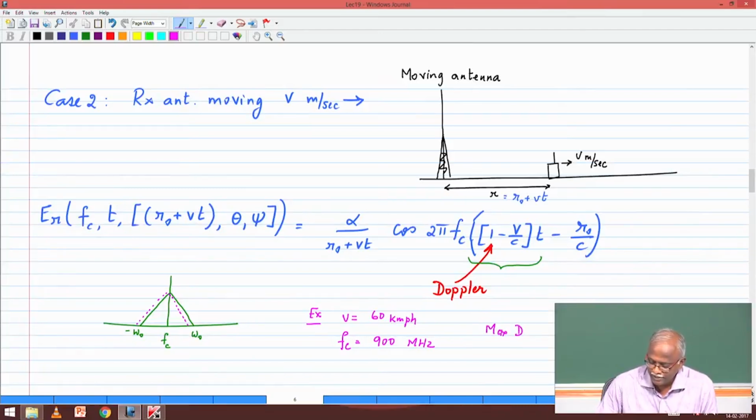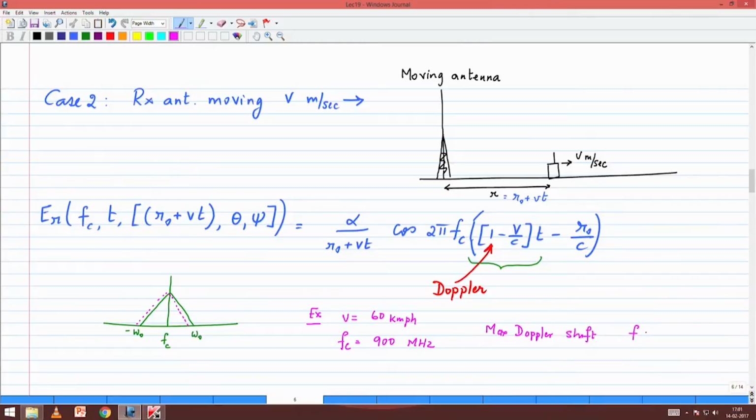Positive or negative does not matter, maximum Doppler shift. Okay. Maximum Doppler shift is f v by c, carrier frequency times velocity divided by the speed of light. This comes out to be 50 hertz.